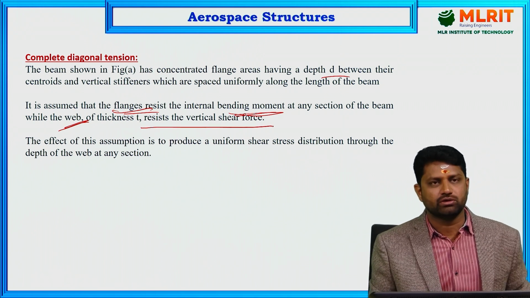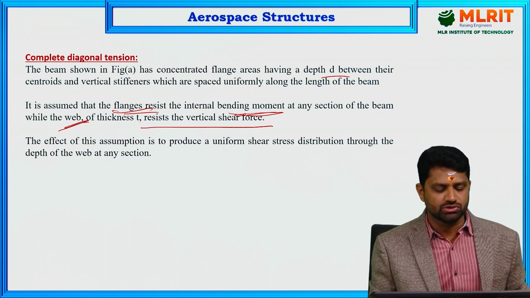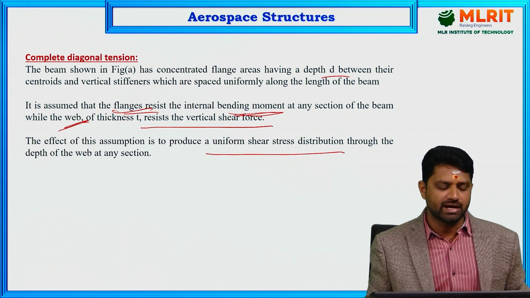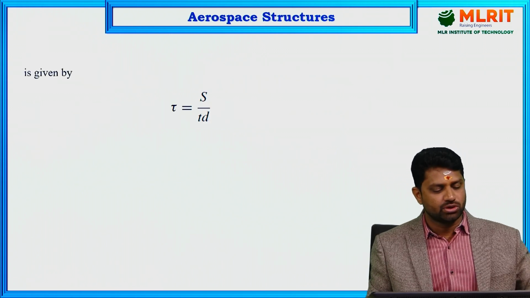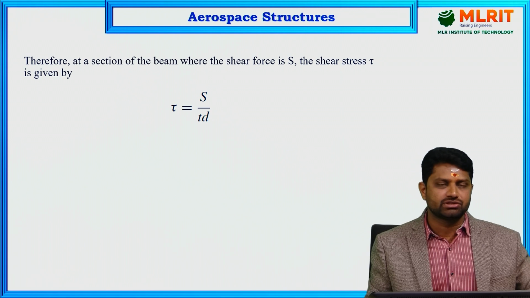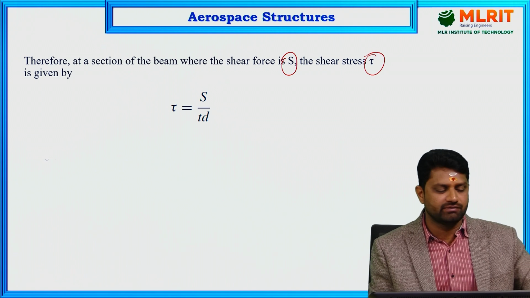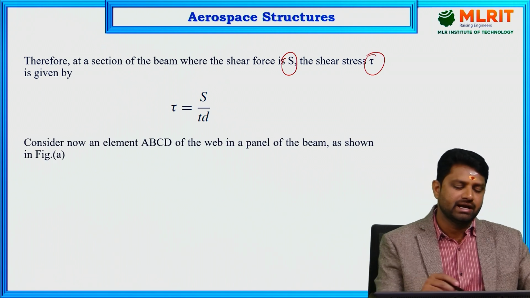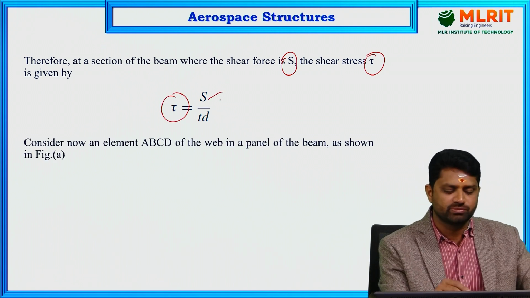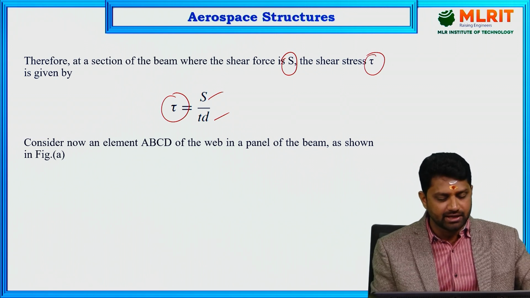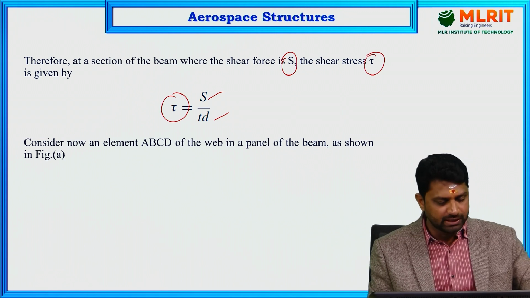The effect of this assumption is to produce a uniform shear stress distribution through the depth of the web at any section. If you consider any section of the beam, let S be the shear force and tau the shear stress. Therefore, we can write the shear stress as shear force by area, where S is the shear force and the area is t into d.